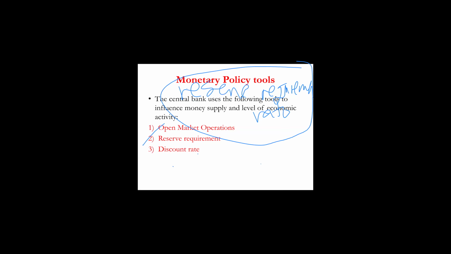As a way of controlling, the central bank comes in and says, no, these guys, if we leave them without controlling them, they'll end up... Okay.